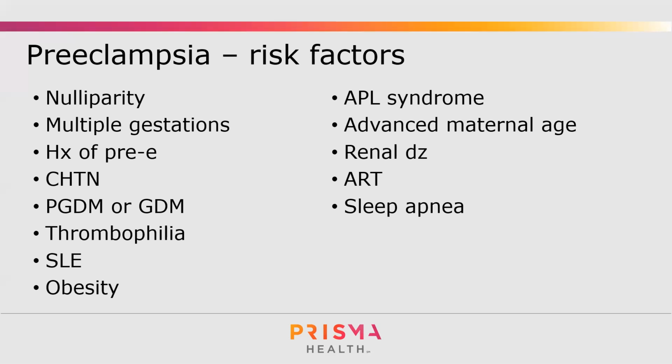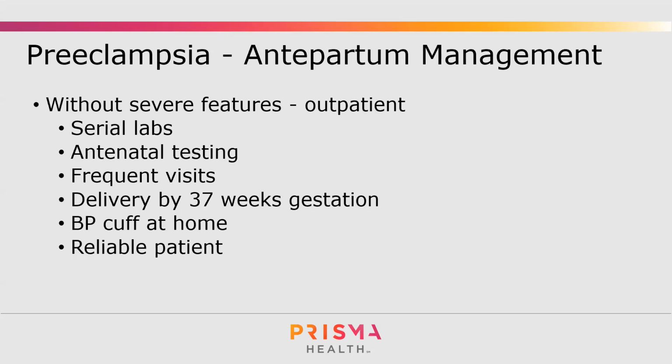So I just hit on, I think, 4 of those risk factors that are all increasing as the years go by. And there you go. If you're wondering why the rate of preeclampsia is increasing. The best screening test, or the best risk factor screening for preeclampsia, truly is just looking at those risk factors. You can screen for women who are at risk for preeclampsia just by looking at those risk factors.